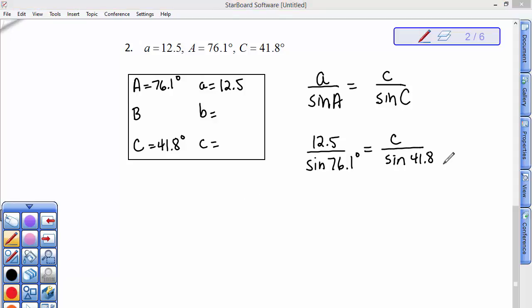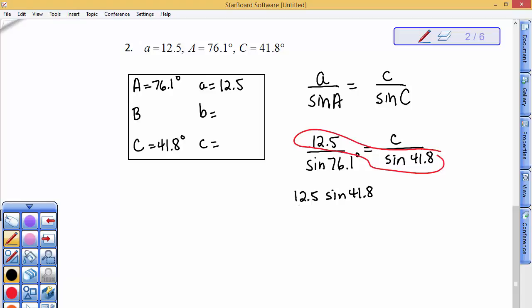And then if you would remember that the shortcut is to multiply these two together, so you'll take 12.5 times the sine of 41.8, and then you'll divide it by what's opposite your unknown. So I'm going to divide that by the sine of 76.1 degrees, and that will give me the value for side C. Let's do that real quickly.